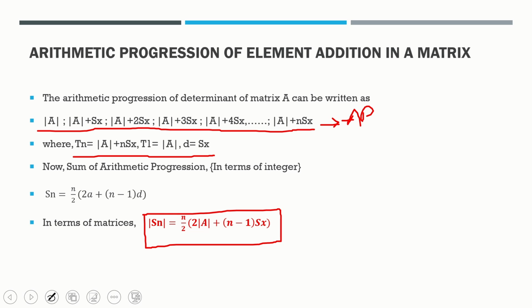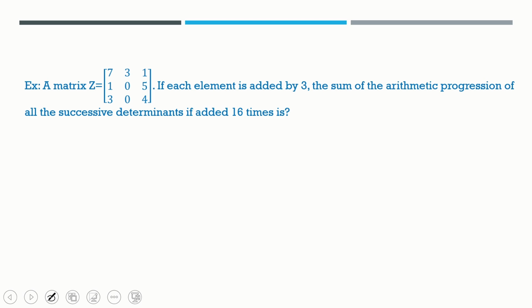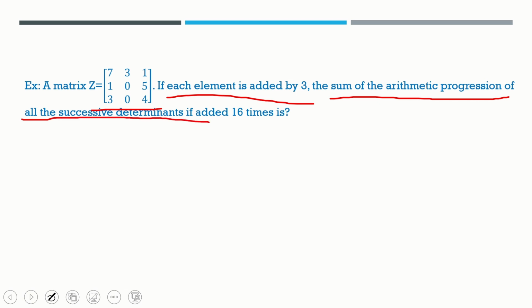Okay, so now we are doing one example also, the same way. So if each element is added by 3 in this matrix, the sum of the arithmetic progression of successive determinants is added 16 times each.